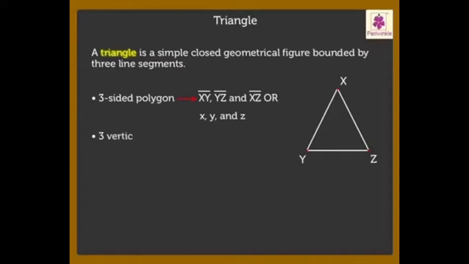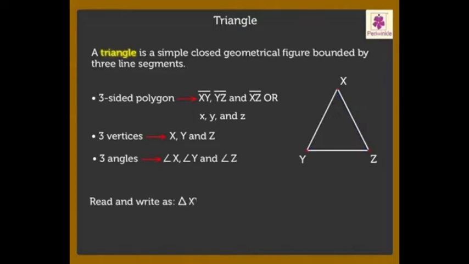It has three vertices X, Y, and Z. It has three angles: angle X, angle Y, and angle Z. We read and write it as triangle XYZ or triangle YZX or triangle ZXY.